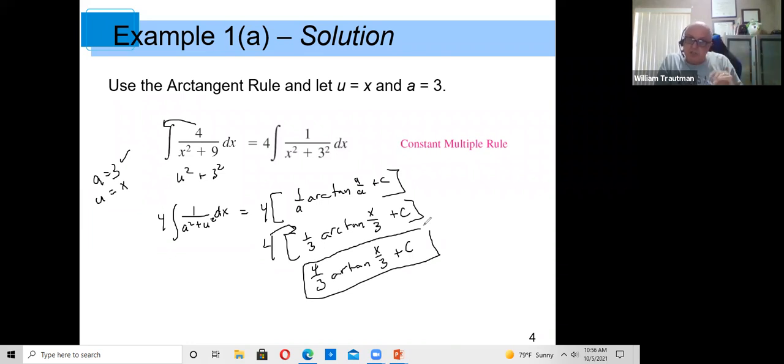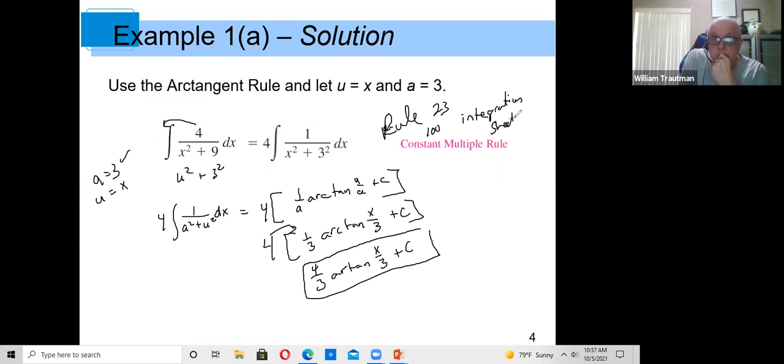The second one gets a little harder, and the third one gets a little harder. What did I say? Rule number, which one did I use? 23. Rule 23 from the 100 integration sheet. So definitely mark that one. I think we've used that one before previously.